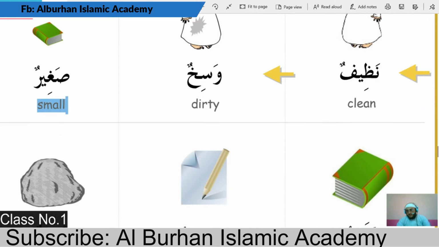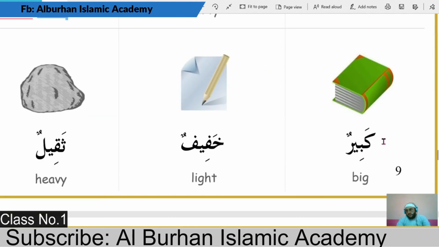Okay, all right. Next, كبير. كبير used for big. خفيف. خفيف used for light. It is the opposite of heavy.